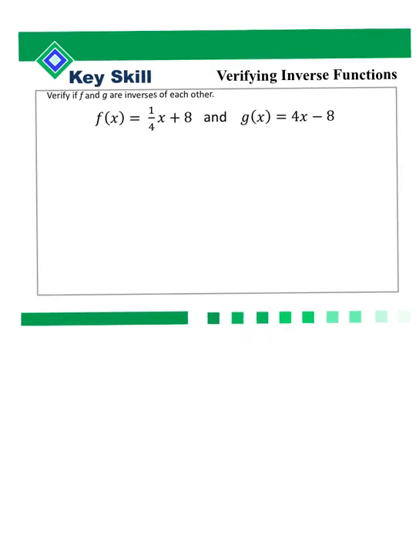Another example here. Let's start by finding f of g of x.